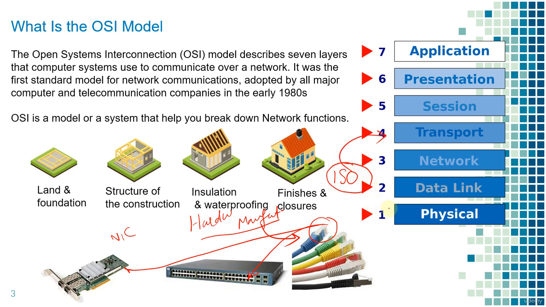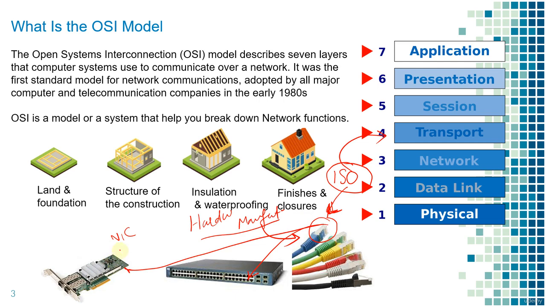Based on what happens on each layer, you follow those rules to manufacture your Cat 8, Cat 6, or Cat 9 cable that will be compatible with Cisco switches or network interface cards.